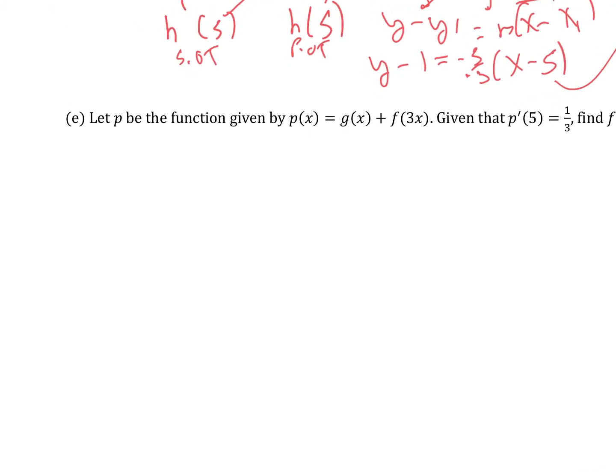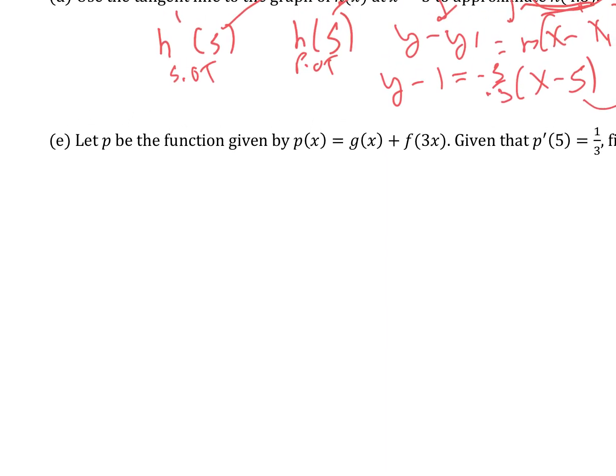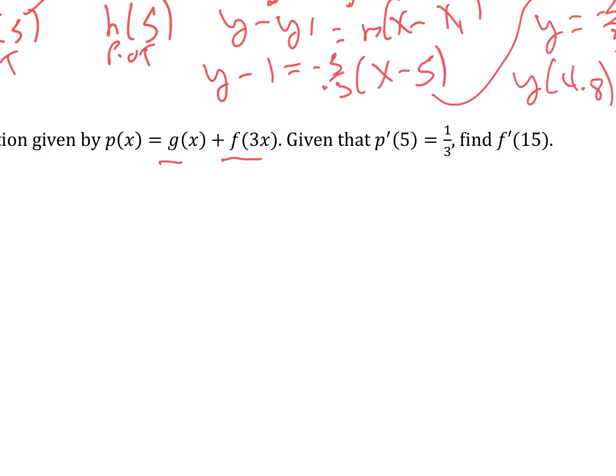Last part. Let p be another function, and it's g of x plus f of 3x, given that p prime of 5 is 1/3, and f prime, find f prime of 15, sorry.